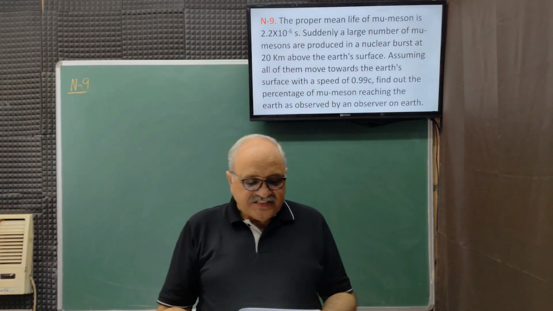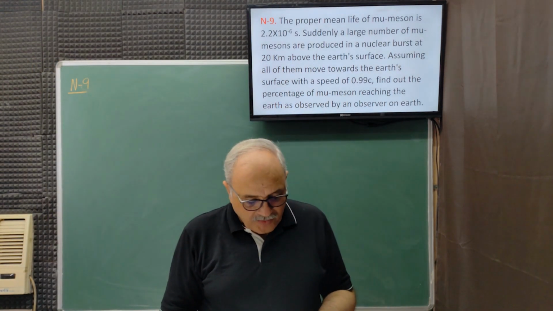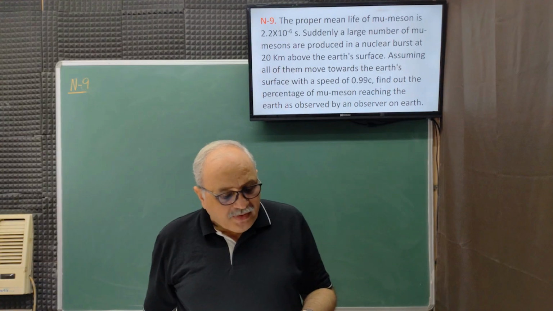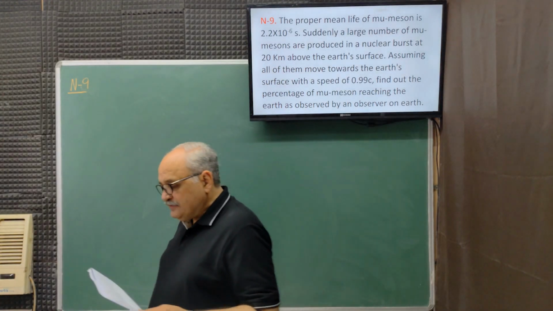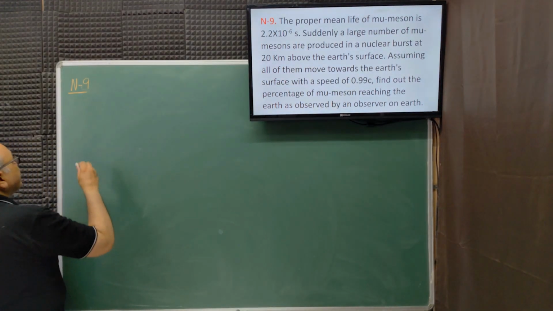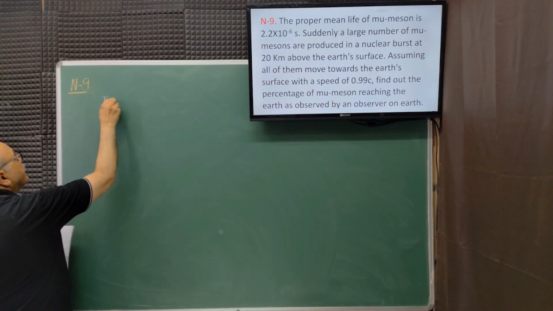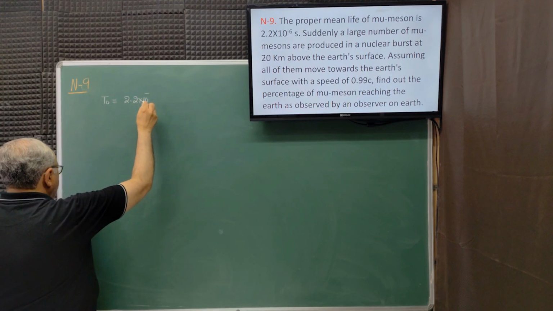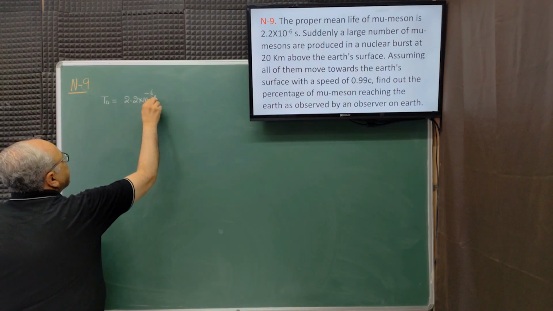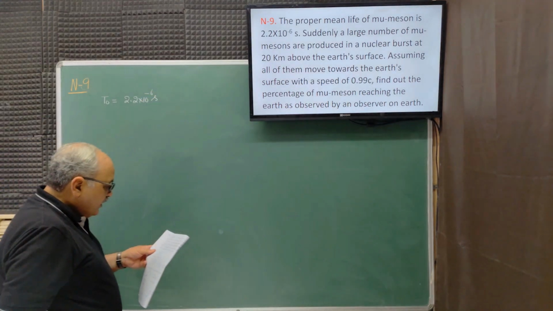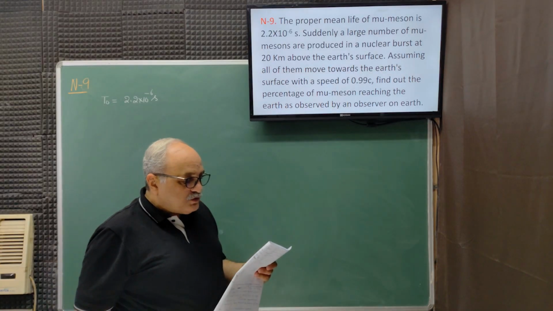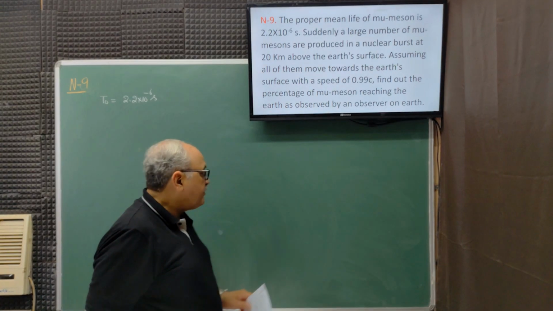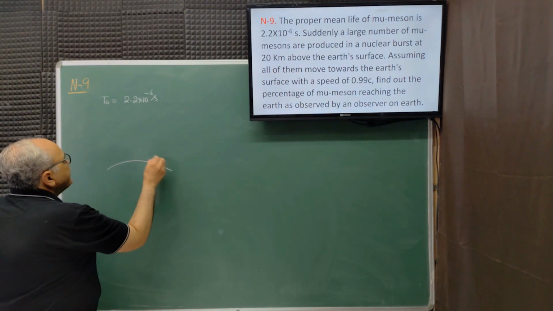So students, let's take the 9th question now. It says that the proper mean lifetime of a mu meson is 2.2 into 10 to the power minus 6 seconds. Suddenly a large number of mu mesons are produced in a nuclear burst.